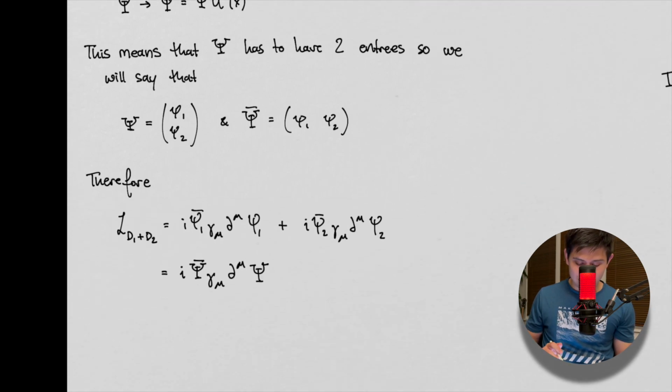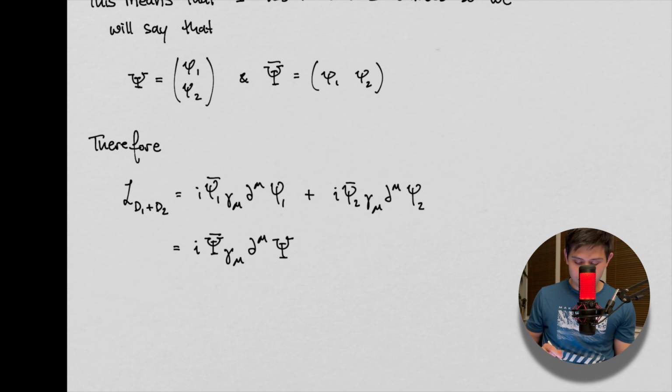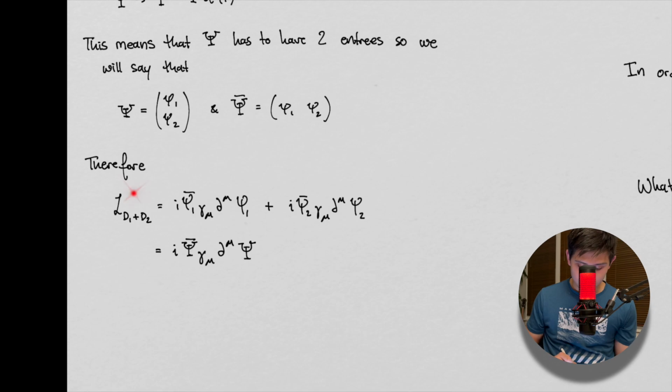So we're going to say that this object has two entries, and these two entries look like this. In the non-conjugated form, it's this, and in the conjugated form, it'll look like this. So we have a vector and what looks like a covector, and things get complex conjugated also if these are complex numbers. Therefore, if we have a Lagrangian or Dirac Lagrangian with these objects, it's going to look like this.